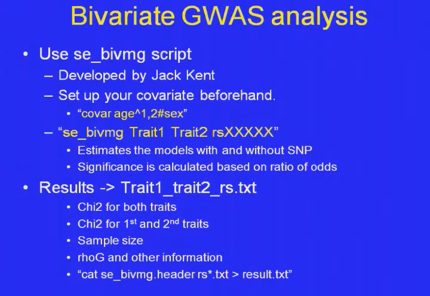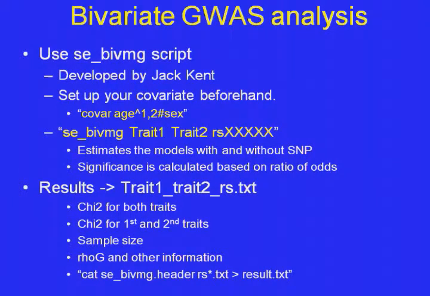You set up your covariates, and then you run the function using trait 1, trait 2, and give the particular allelic name or SNP name, which will estimate the model with and without the SNP, and then significance is calculated based on the ratio of odds.